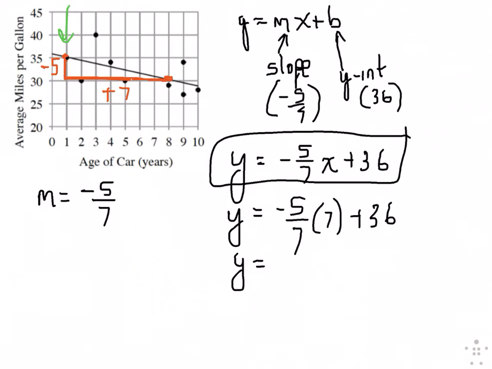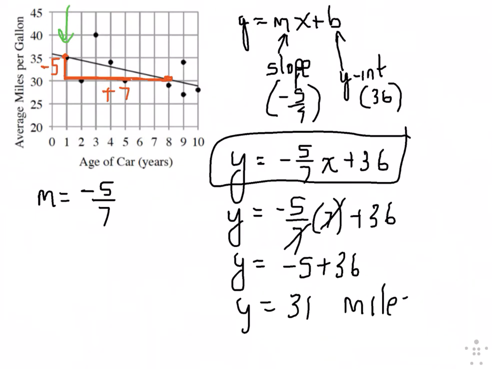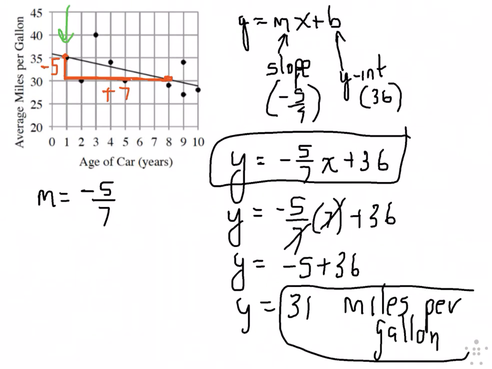So this cancels, negative 5 plus 36. So y equals 31. So the answer would be 31 miles per gallon, or 31 mpg.